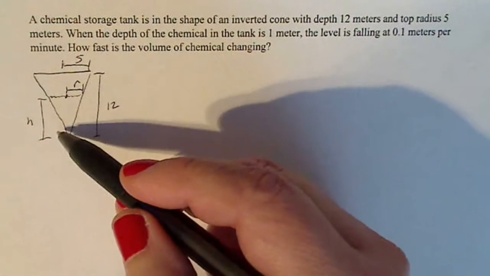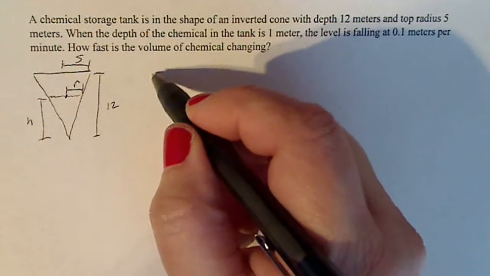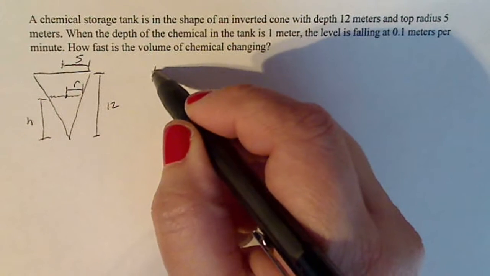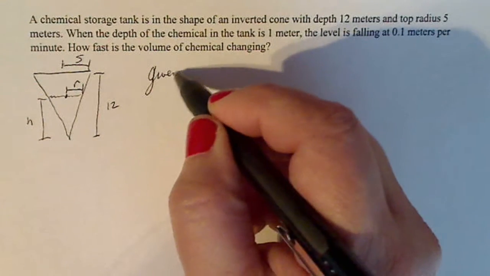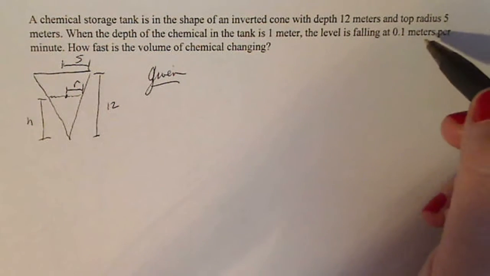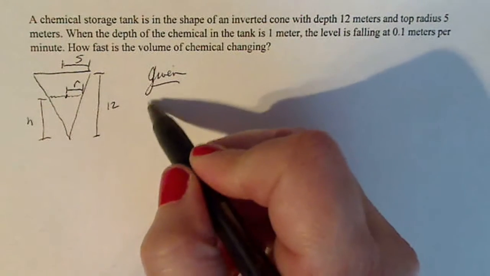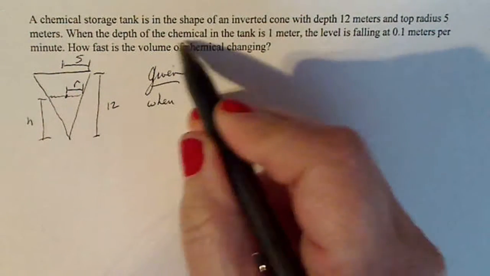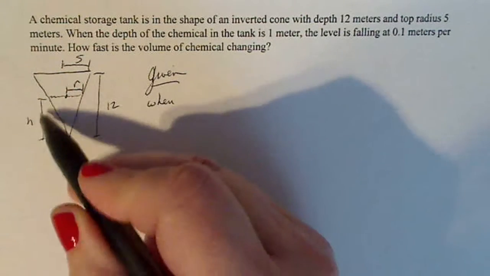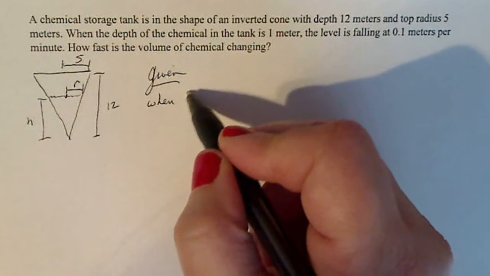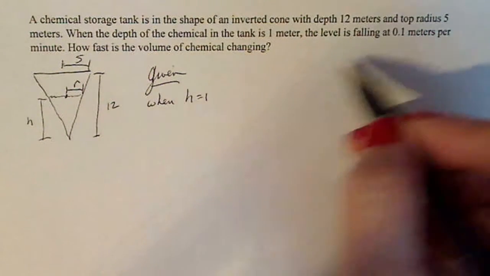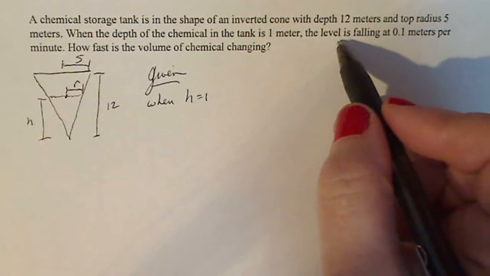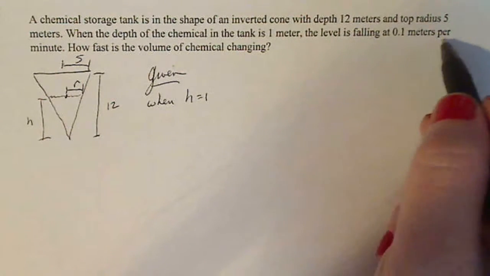Now, as that water drops, I do have some information that has been given to me. So what's given here? I know that when the depth of my tank, or when the height of that chemical is 1 meter, then the level is falling at 0.1 meters per minute.